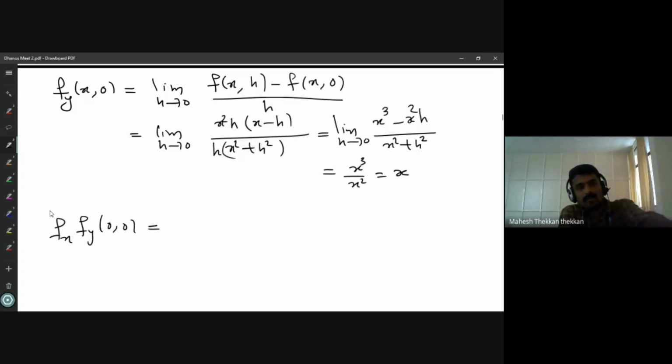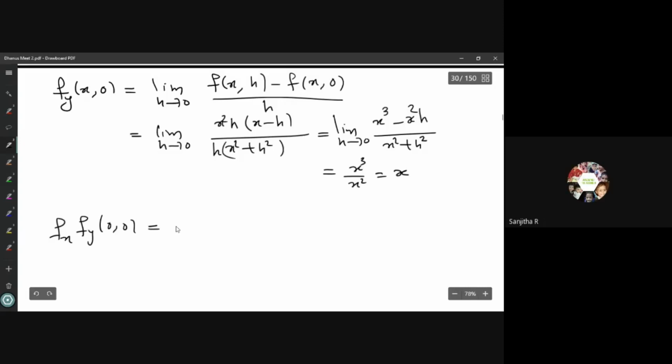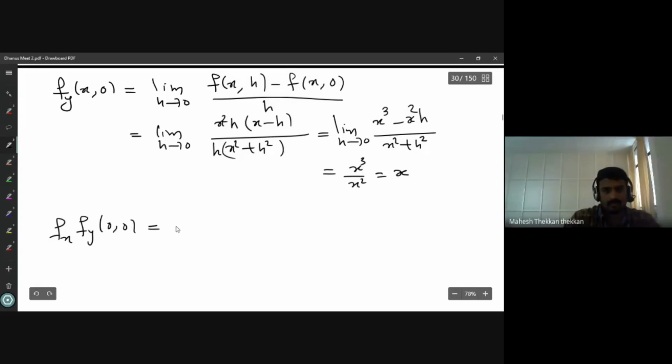First I have taken the partial derivative with respect to y at (x, 0), where x is any arbitrary real number. I am getting this as a function of x alone, that function is x itself. So again I have to take the derivative with respect to x. What should be the value? 1. Yes. So this quantity will be 1.